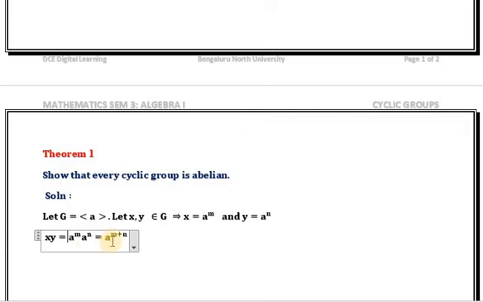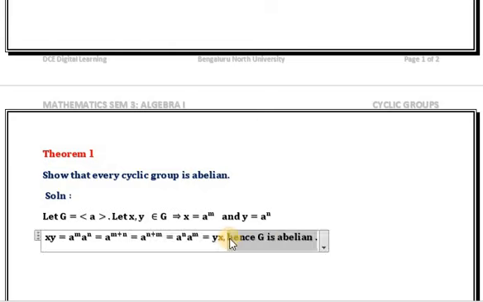The bases are same, therefore it is equal to a^(m+n). m and n are two integers, so it can also be written as a^(n+m), which is equal to a^n into a^m, and a^n is nothing but y and a^m is x. So yx we get here. See, we have considered xy and we proved that it is equal to yx. Therefore, the abelian property is satisfied. Hence, G is an abelian group.